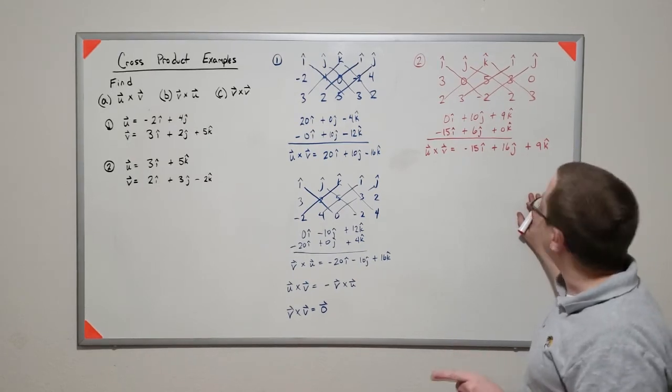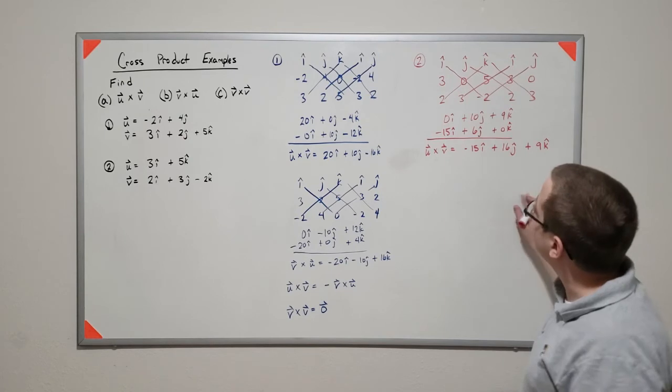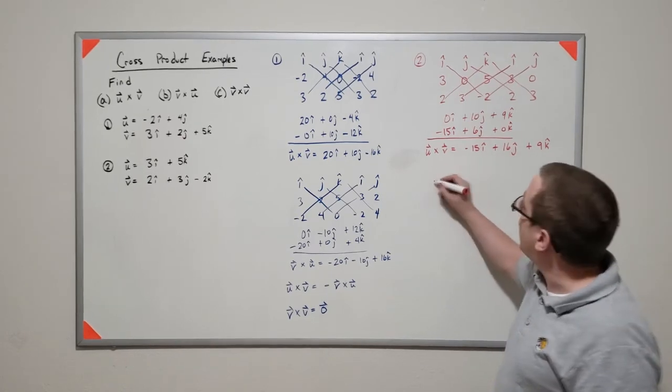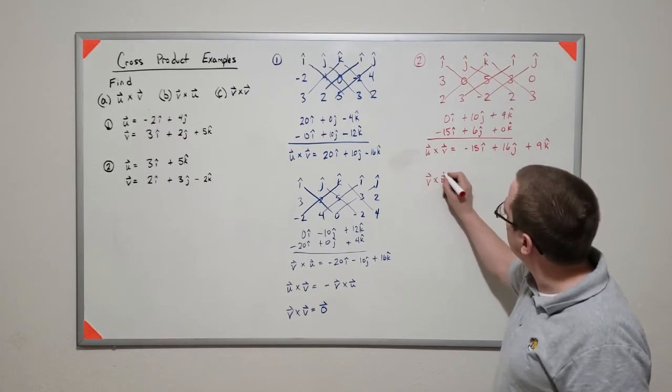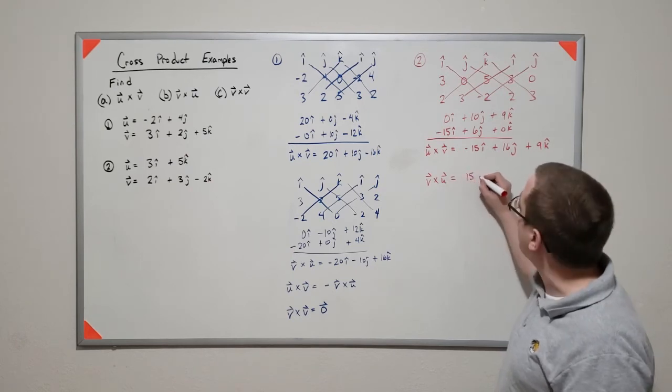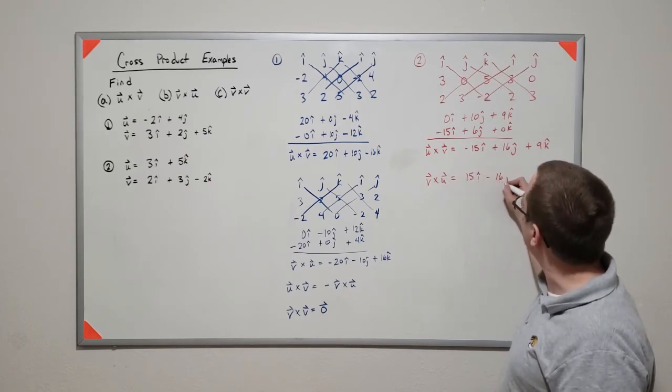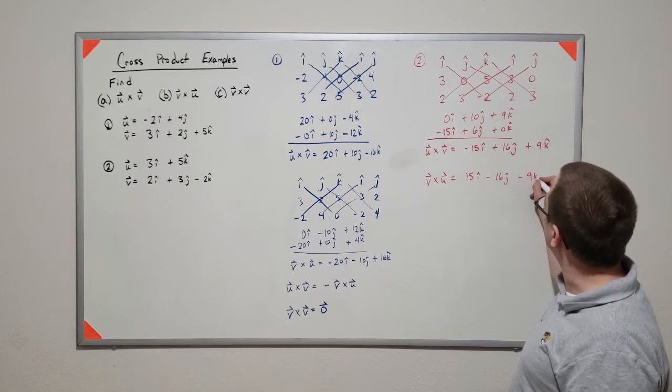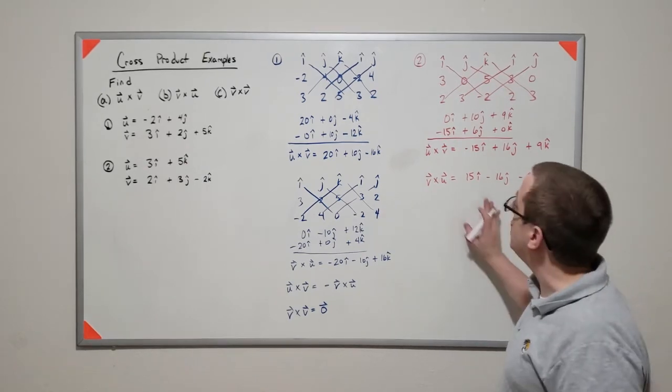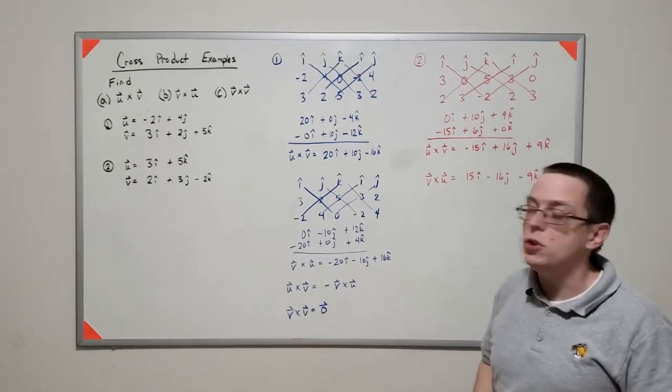Now recall that v cross u would simply be 15i minus 16j minus 9k, because it's just the negative of u cross v.